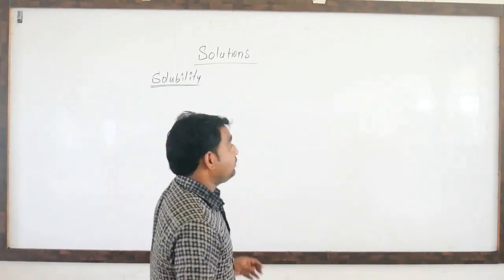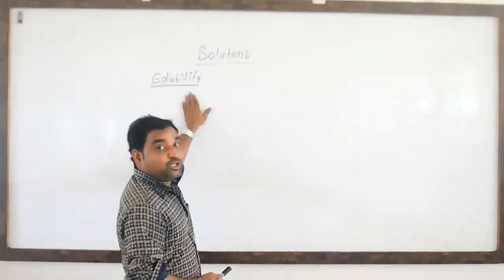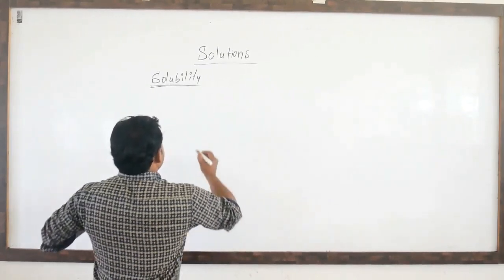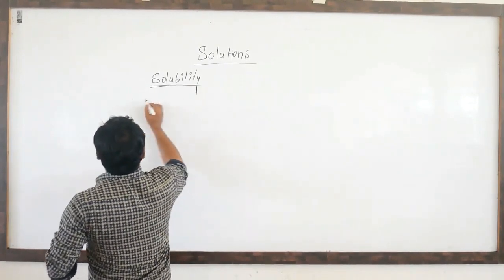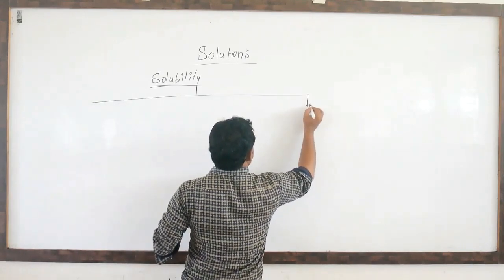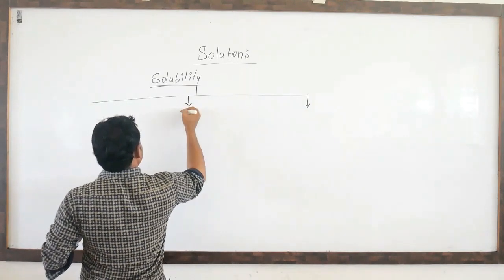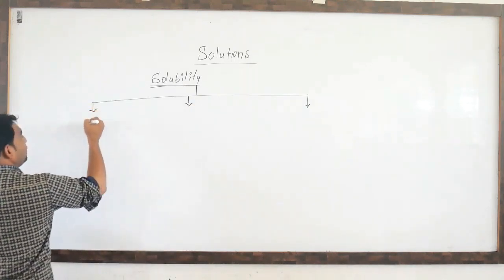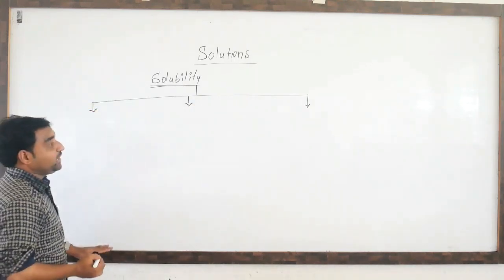Yes, so next we will move towards how many types of solubility there are. Now we are discussing only liquid solutions. Among liquid solutions, only the liquid acts as the solvent, and the solute may be solid, liquid or gas.